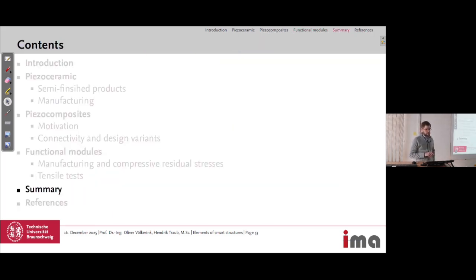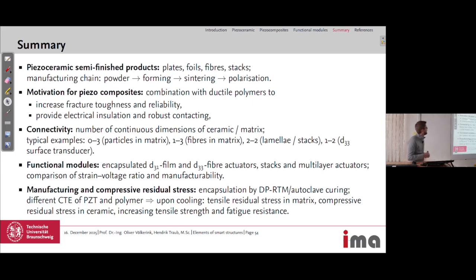And with this, we come to the summary of this lecture. We can have different semi-finished products for piezoceramics: plates, foils, fibers, or stacks. They are manufactured in a similar chain, but with different processes. We first have the powder, we form it, then we have the sintering and the polarization.